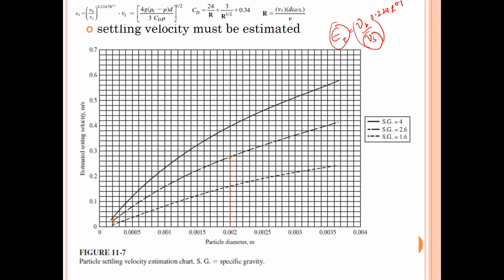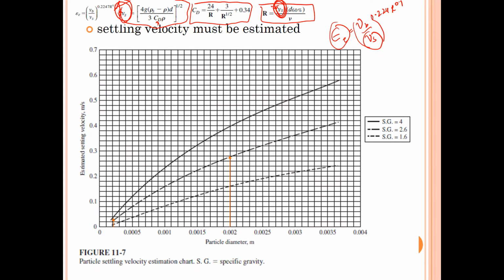Then the particle settling velocity we can find using this equation here, which can be determined if we know the drag coefficient. The drag coefficient is a function of Reynolds number, and Reynolds number again is a function of particle settling velocity. So to find particle settling velocity, we have to use particle settling velocity, which is kind of confusing. There is a dilemma here.